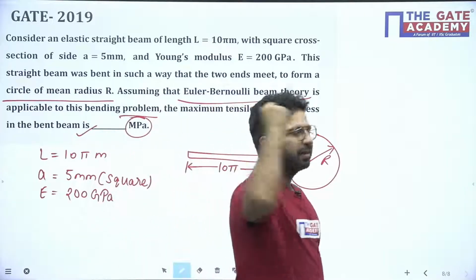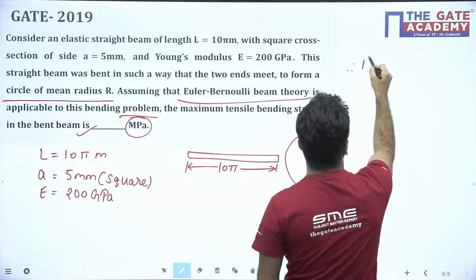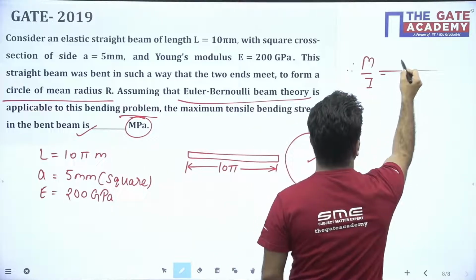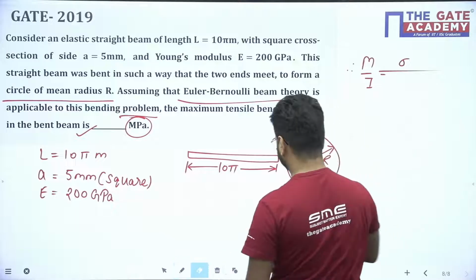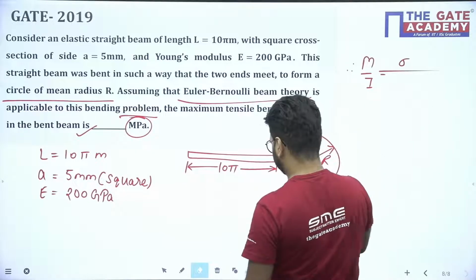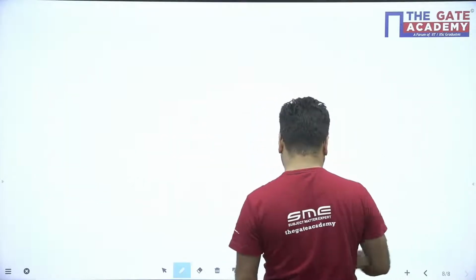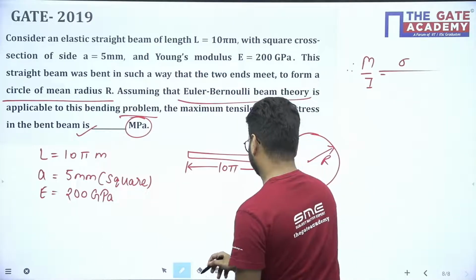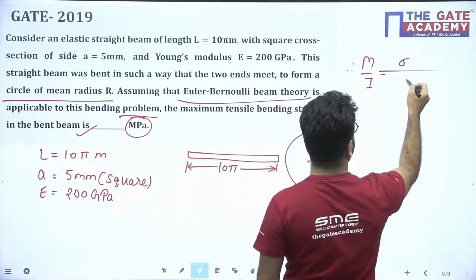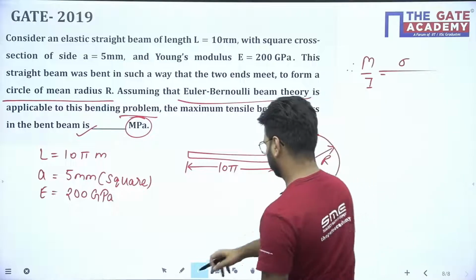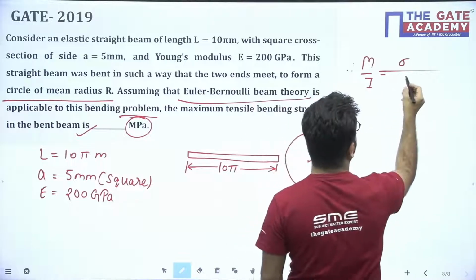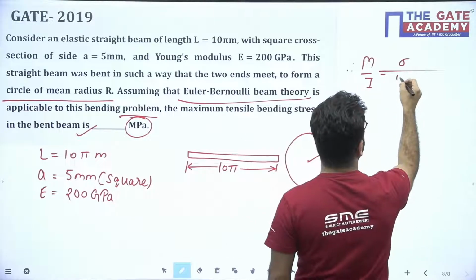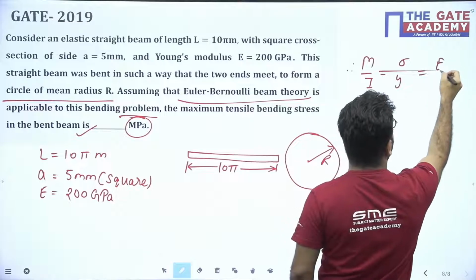We know the equation of bending stress: M upon I is equal to sigma upon y is equal to E upon R.